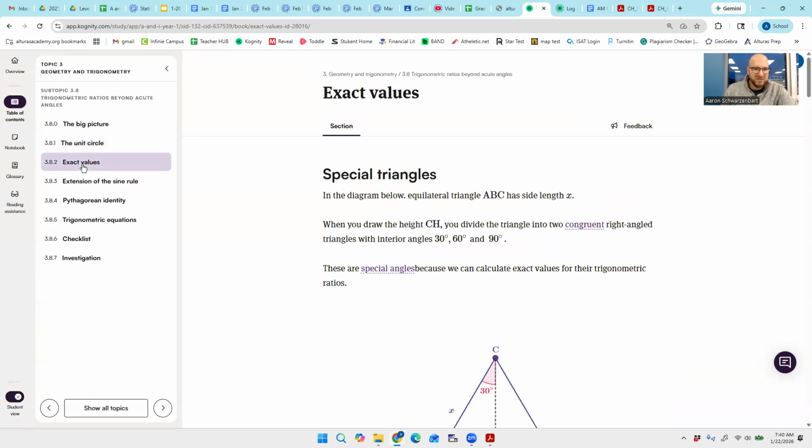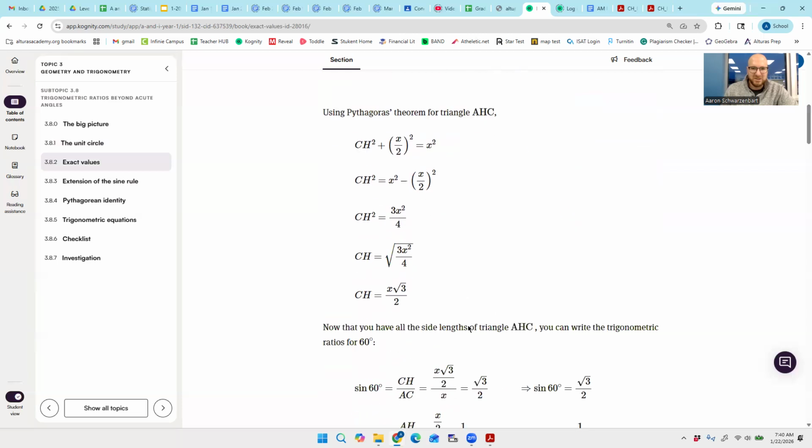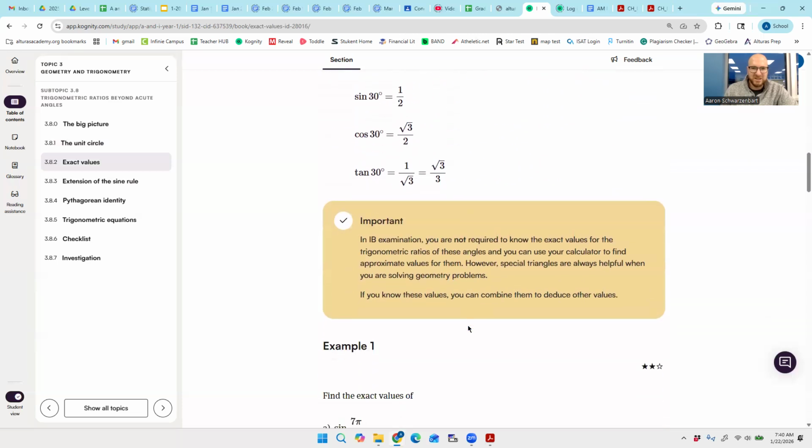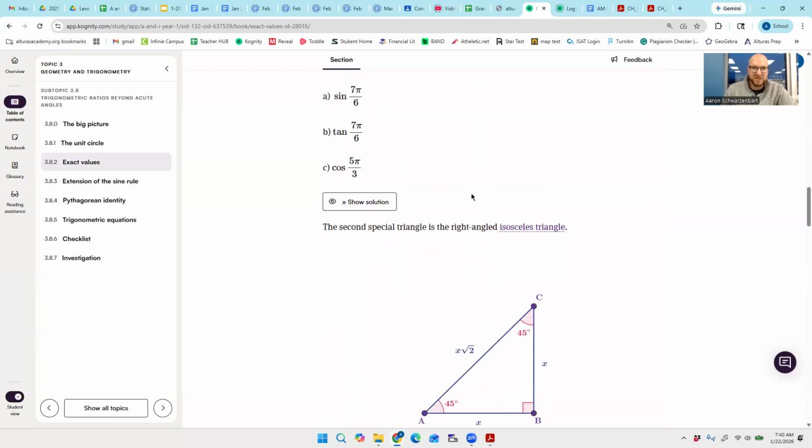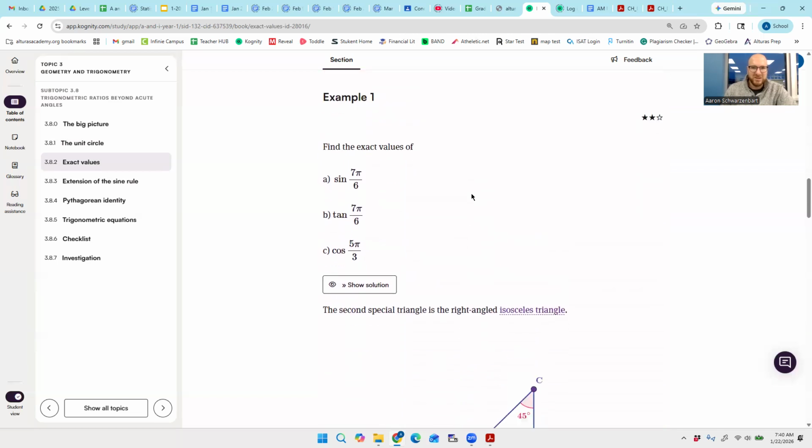Exact values on the unit circle come from the 30, 60, 90 and the 45, 45, 90 right triangle. So find the exact values of 7 pi over 6. So 7 pi over 6 is pi plus pi over 6. Pi over 6 being a 30-degree angle. 30, 60, 90, so 2.